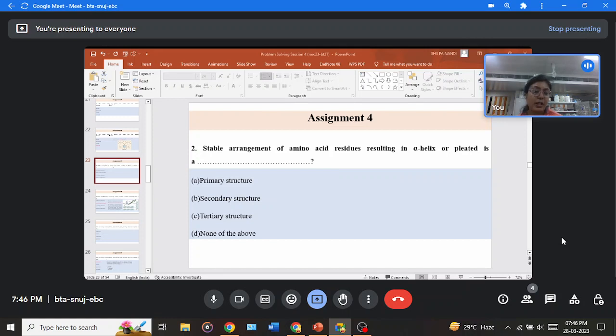I will repeat the question again. When amino acids undergo rearrangements and form a stable structure that results in alpha helices or beta pleated sheets, it is termed as either primary, secondary, tertiary, or none of the above.